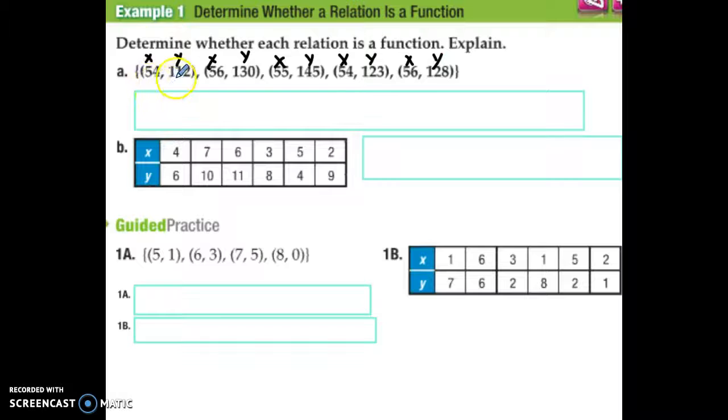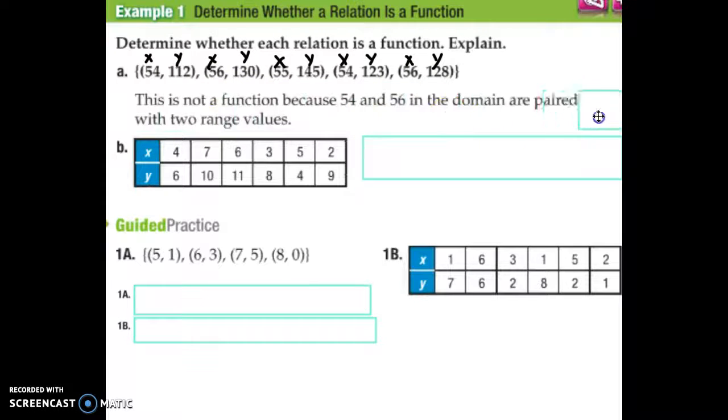Well, I plugged in 54, I got 112. Ooh, I also plugged in 54 and then I got 123. That's not right. I should get the same number for both. So this is not a function because, well, 54 gave me two different numbers. Also, if you look here, 56 gave me two different numbers. So it's a really messed up function. Alright, so that is not a function because the same number gave me two different answers.